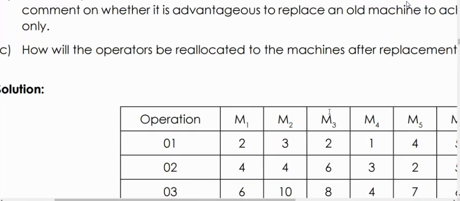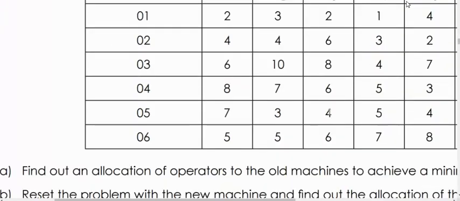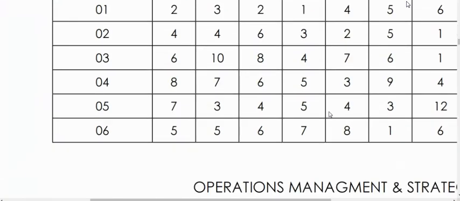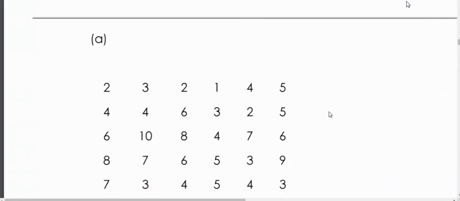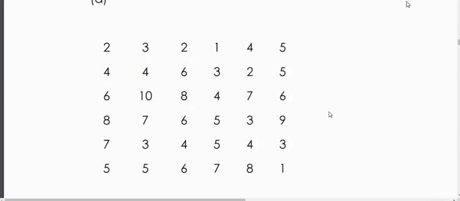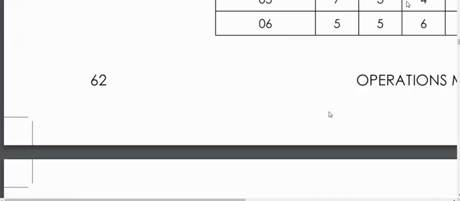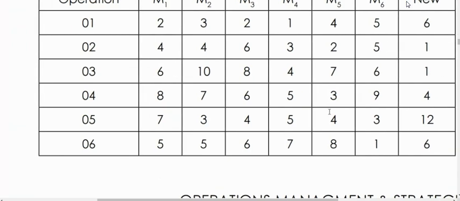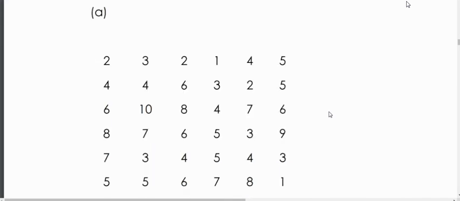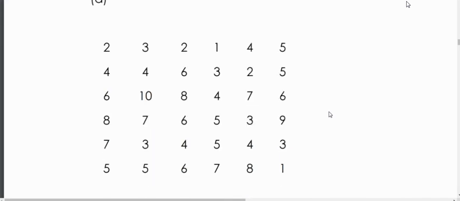What would you do now? We would repeat from the steps. See, in the first step, we just find out whether there are equal number of rows and columns or not.